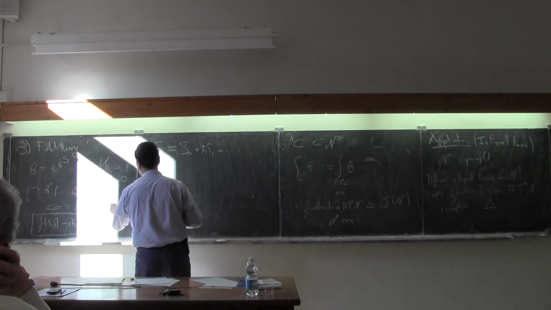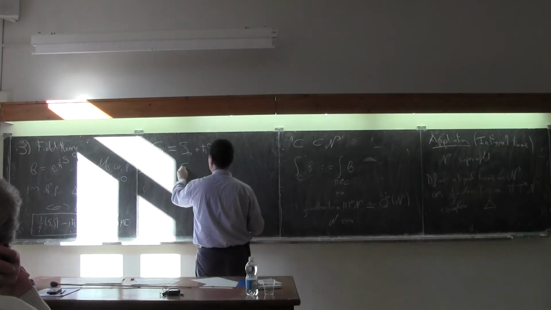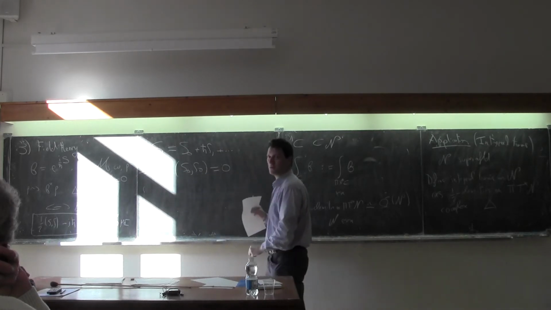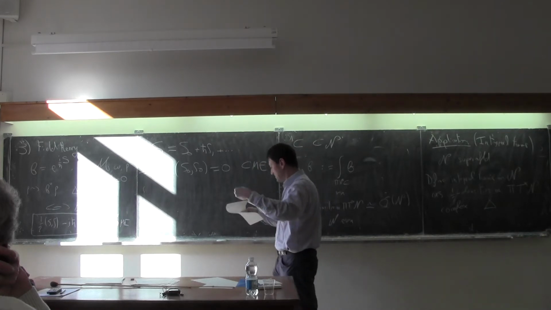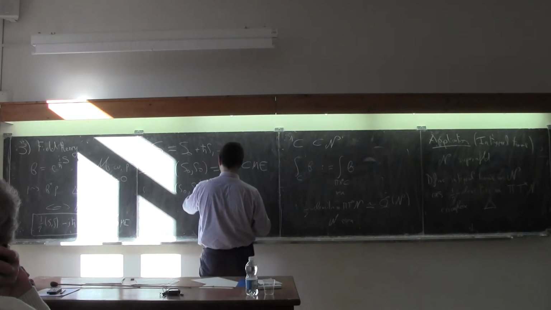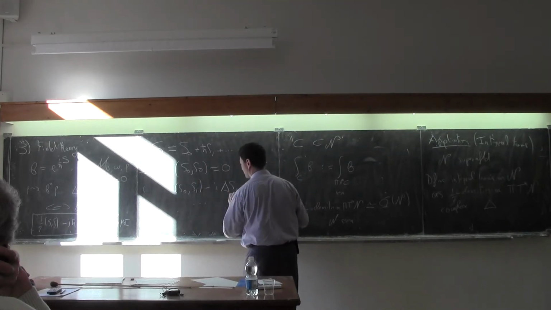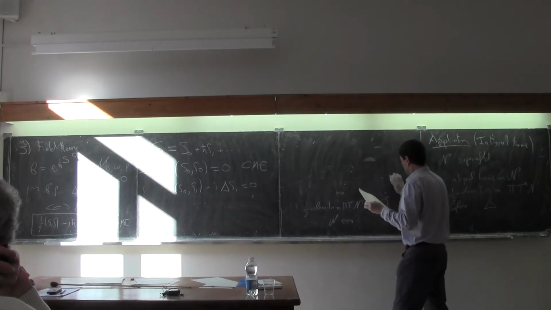And then this quantum master equation implies a set of equations, the first of which is just the bracket of S0 with S0 equal to 0. So this is the so-called classical master equation. And then the next equation is something like bracket of S0, S1 minus i delta S0 equal to 0, and so on.